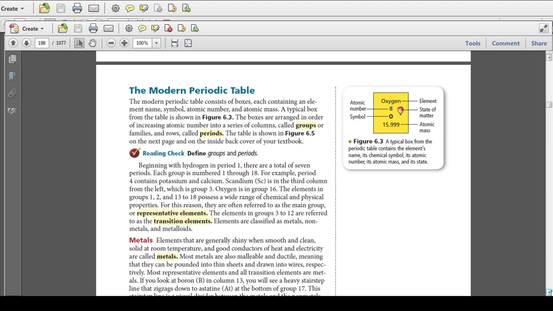The elements in groups 1, 2, and 13 to 18 possess a wide range of chemical and physical properties. For this reason, they are often referred to as the main group or representative elements. The elements in groups 3 to 12 are referred to as transition elements. Elements are classified as metals, nonmetals, and metalloids. Let me give you an idea of the periodic table.